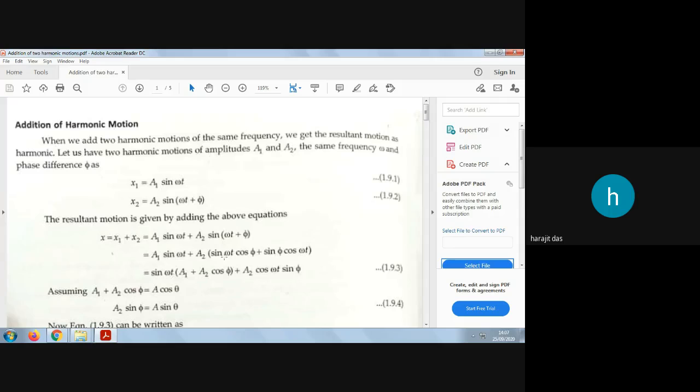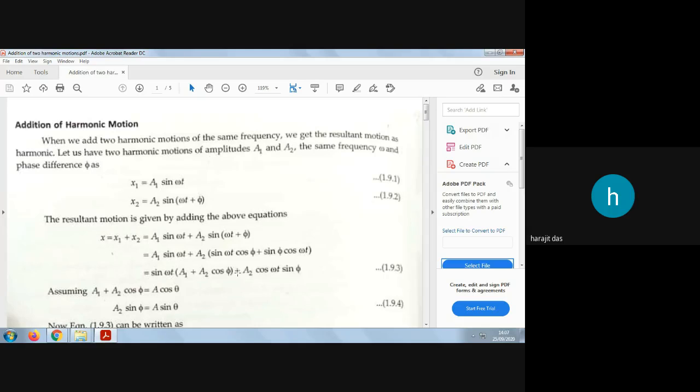It is sine A cos B plus cos A sin B. So this first term will remain the same, and the second term is split into these functions, two terms. Now this is sine omega t, and here also sine omega t, so you can make the sine omega t term common. Here only a1 will be there from this term, and from the other a2 cos phi will remain here.